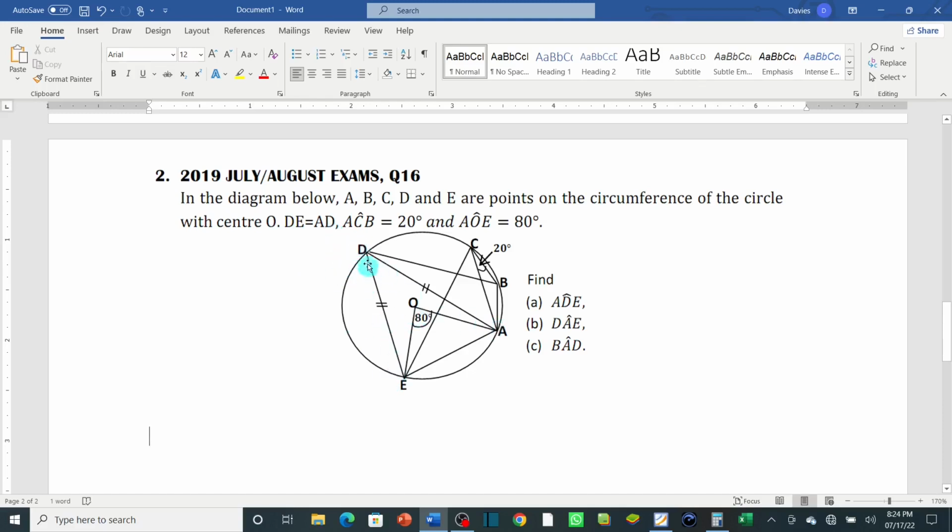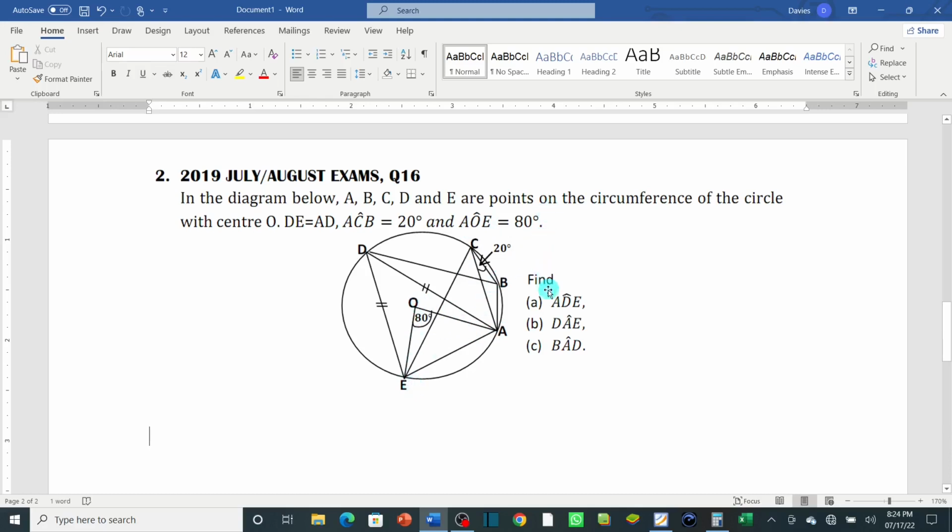So these lines are equal. Again, they're saying angle ACB, angle A, then C, then B, is 20 degrees. And angle AOE is 80 degrees.